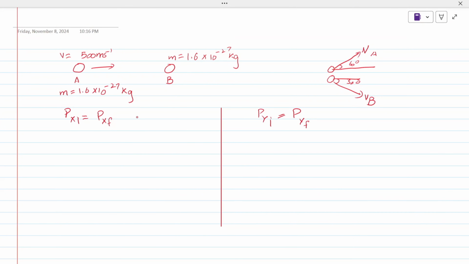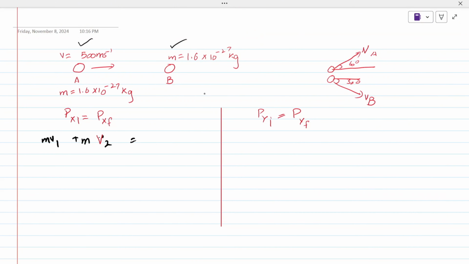So what is the momentum on the x-axis initially? It was m1 v1 plus m2 v2, isn't it? Here the masses are equal, so I will write m v2.